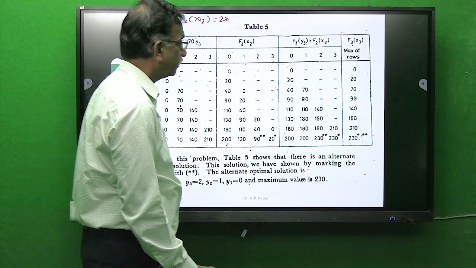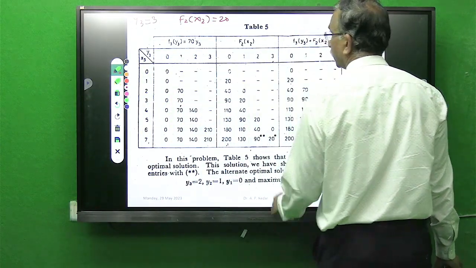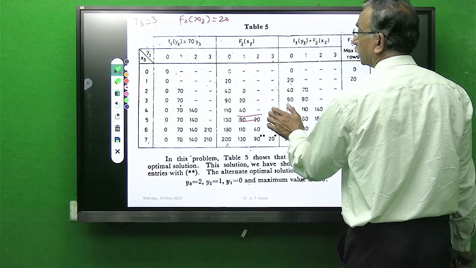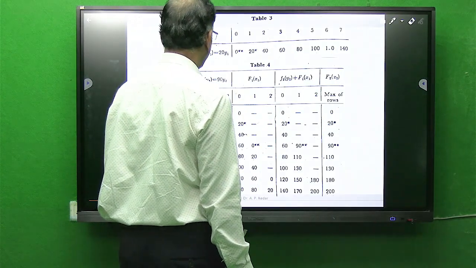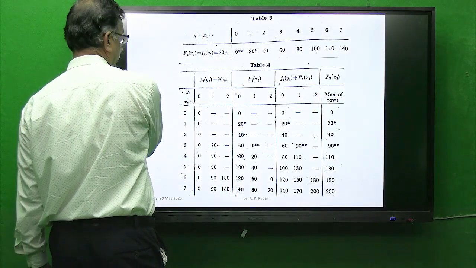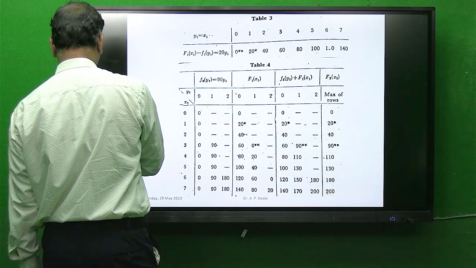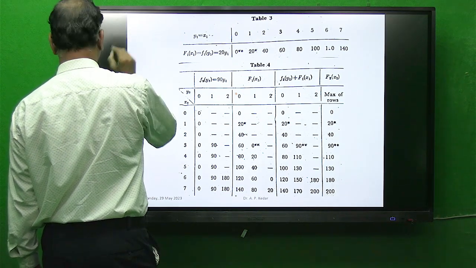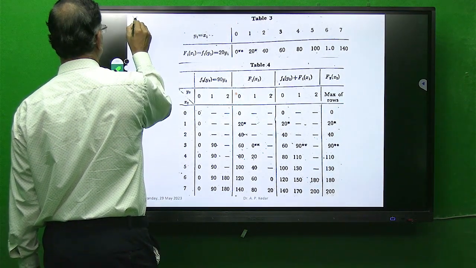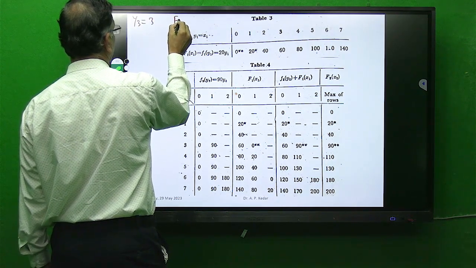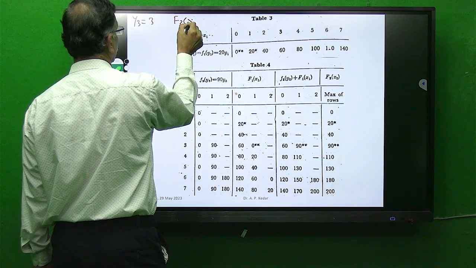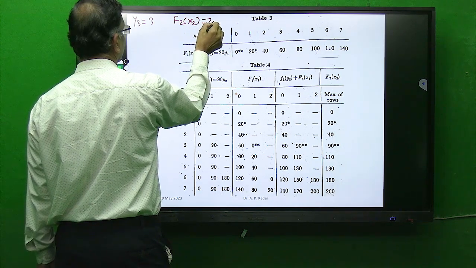So here we have to see what will be the value of, here we will write, y3 was 3 and F2 x2 was 20.